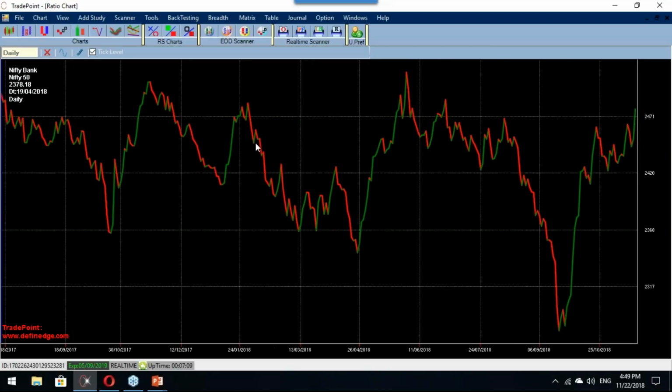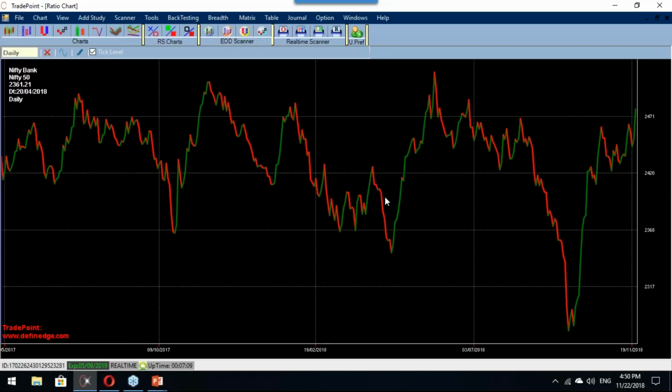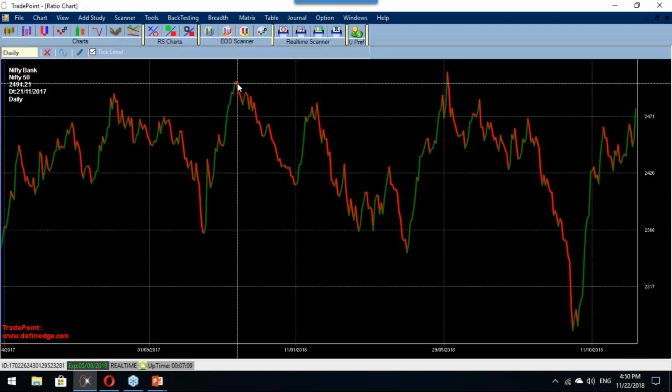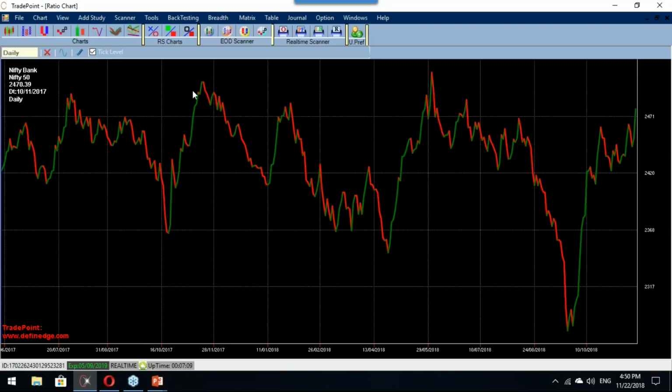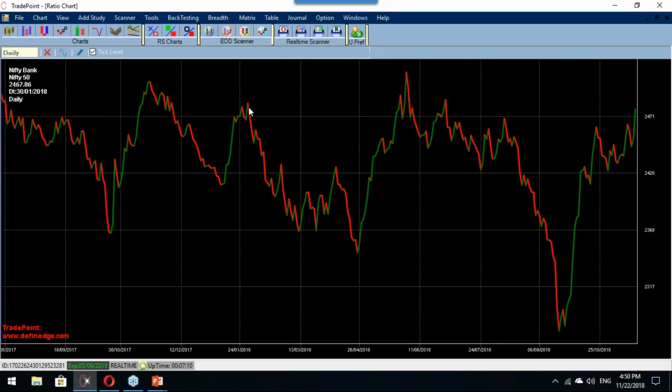Okay. So if the ratio line is moving up, it basically indicates that the numerator, which is Bank Nifty in our example, is outperforming or doing better than the denominator, which is the Nifty index. That is a simple interpretation. Okay. So if you notice, somewhere around January when the Nifty topped out, right?